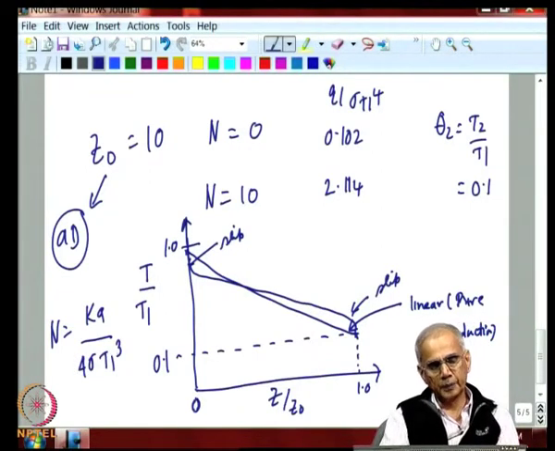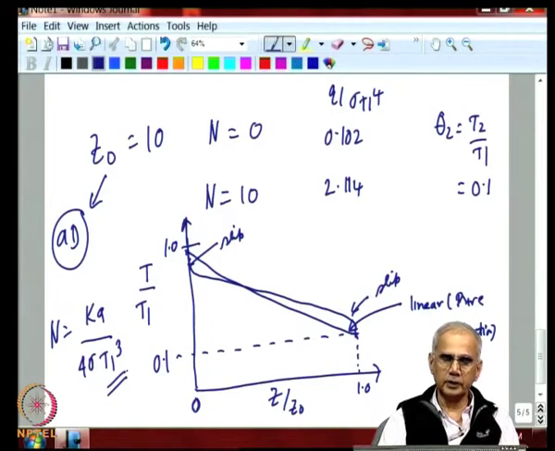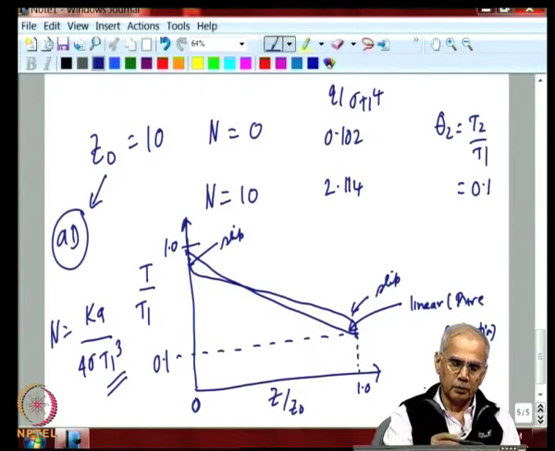Now, if you look at this parameter, you can see that the temperature of the surface does play a role. That is quite understandable because radiation heat transfer goes as the 4th power of temperature. Higher this value, more important is radiation compared to conduction.